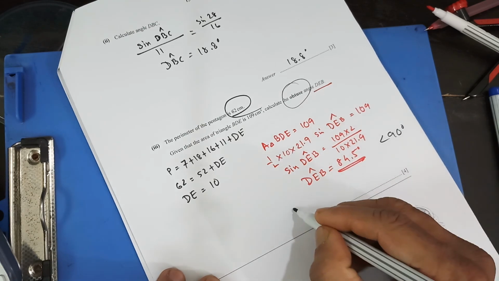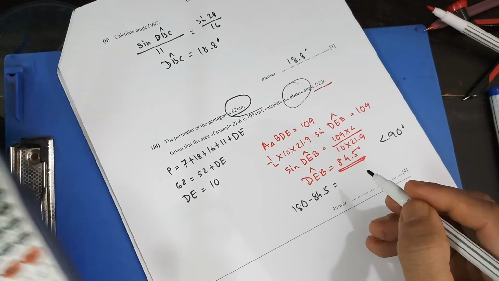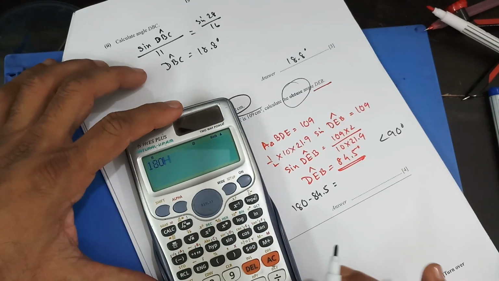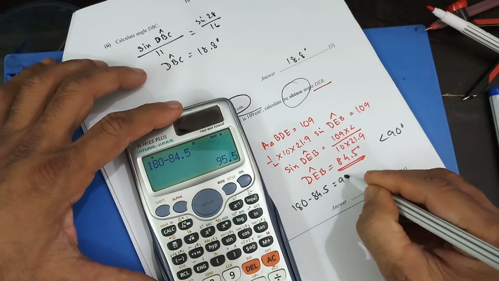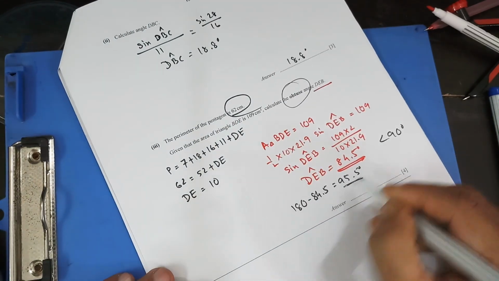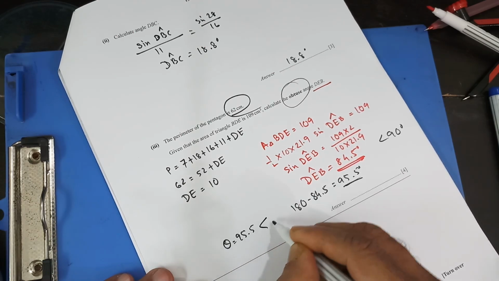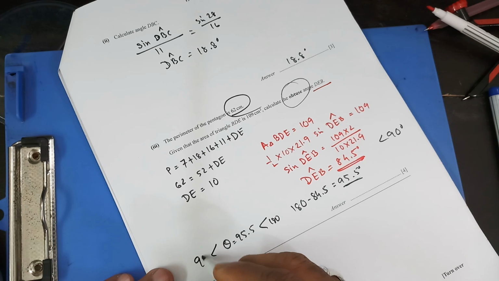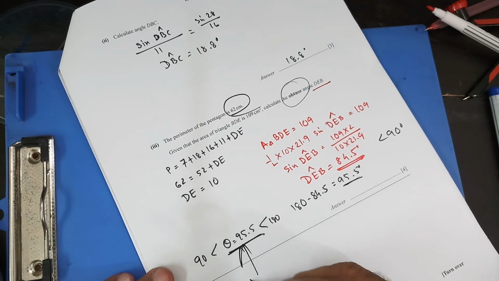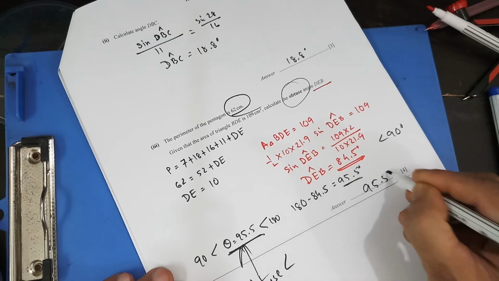So this one is going to be 180 minus 84.5, which gives 95.5 degrees. This theta, 95.5, is less than 180 but greater than 90, so it's known as an obtuse angle. So this is going to be 95.5 degrees.